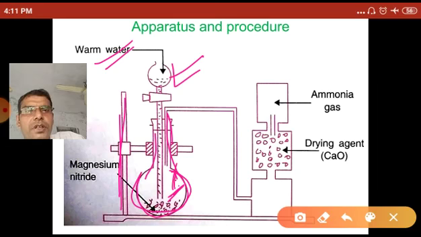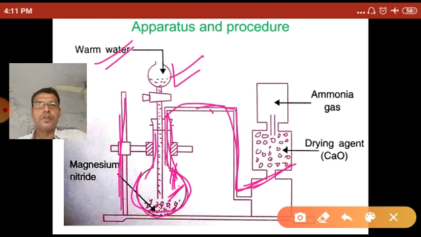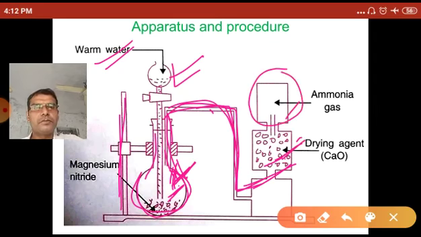That round flask is connected with the drying tower by means of a delivery tube. This one is the delivery tube. The delivery tube is then connected to the inverted dry gas jar.